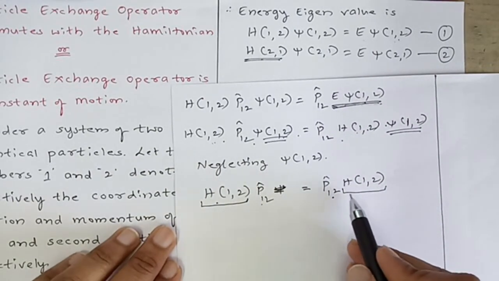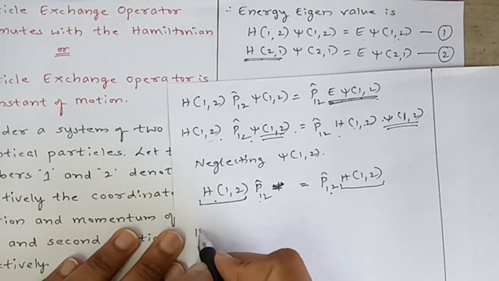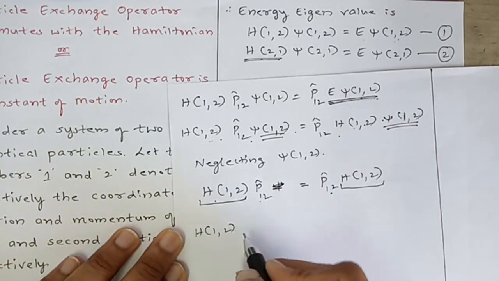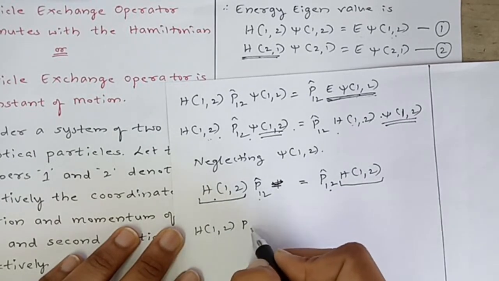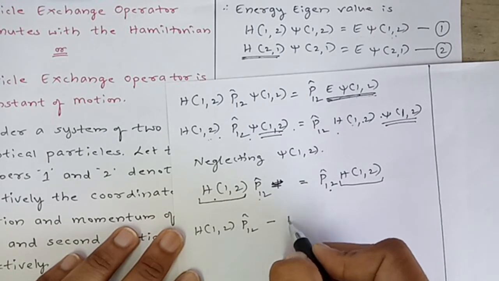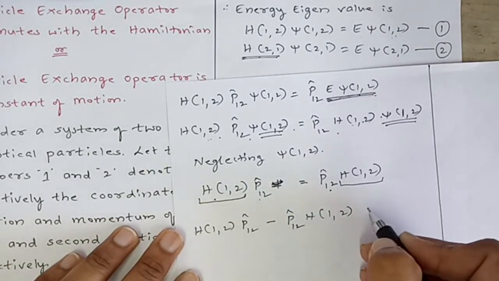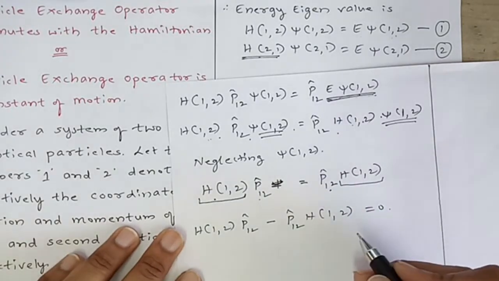That's why, if we bring this to this side, it becomes H_{1,2} P_{12} minus P_{12} H_{1,2} is equal to 0.